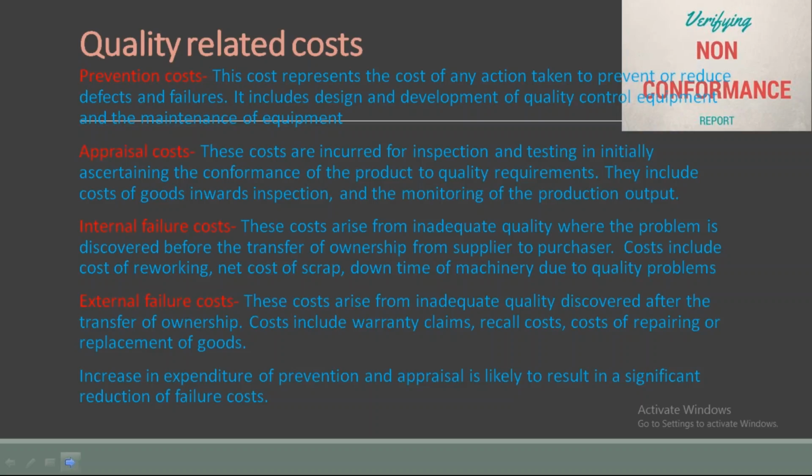So they are well aware that the repair cost and warranty cost can be very heavy. But the most important cost in the external failure cost is not what we spend, it is all about our reputation.